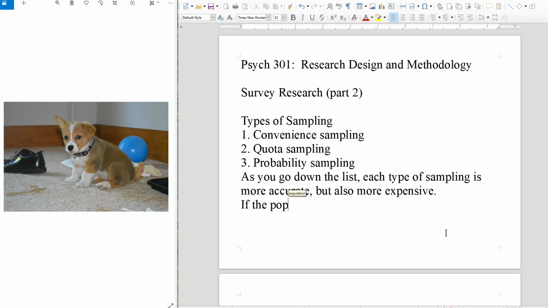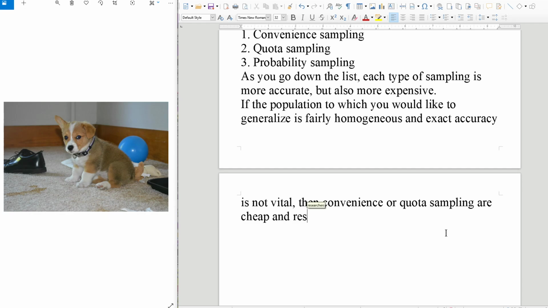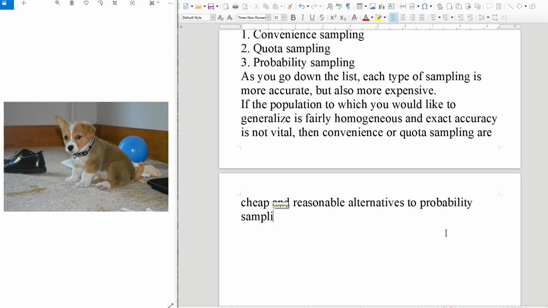If the population to which you would like to generalize is fairly homogeneous and exact accuracy is not vital, then convenience or quota sampling are cheap and reasonable alternatives to probability sampling.